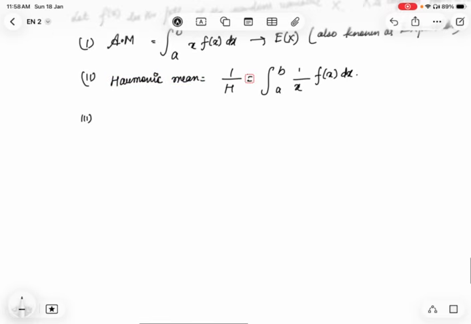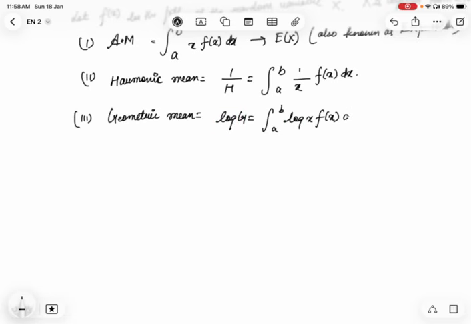Then the geometric mean is defined by log G equal to the integral from a to b of log x f(x) dx.